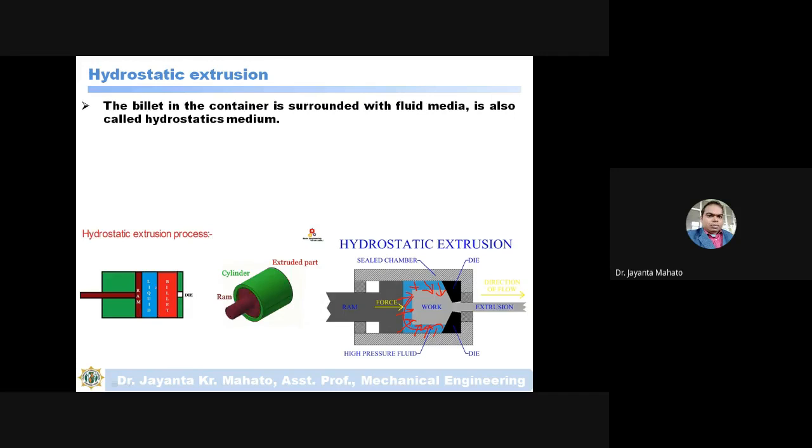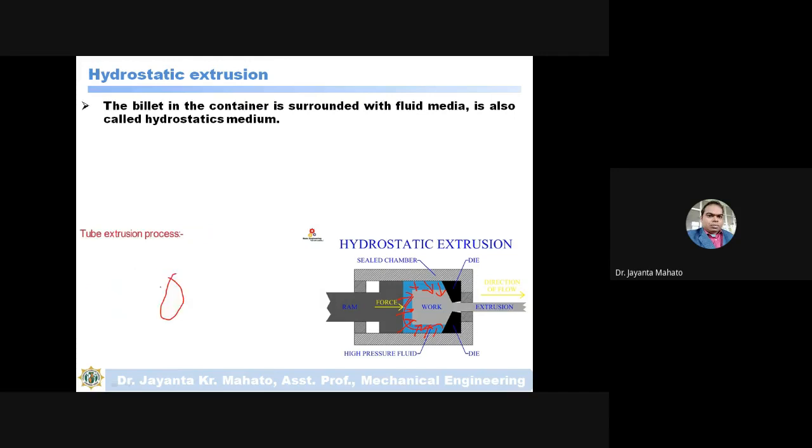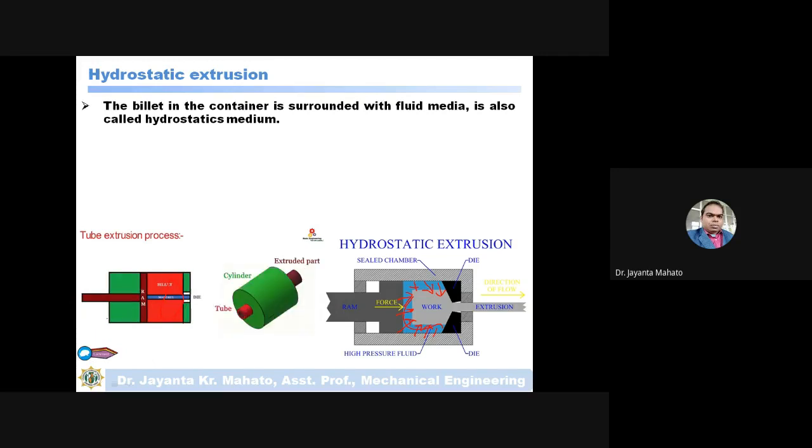This is the liquid, and this is the billet. Before the billet, there is a liquid medium between the billet and the ram, and you are applying the force to the billet through this liquid medium. So this is just hydrostatic extrusion.